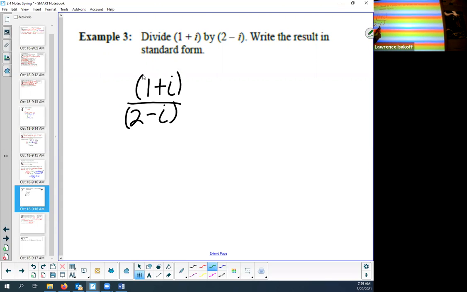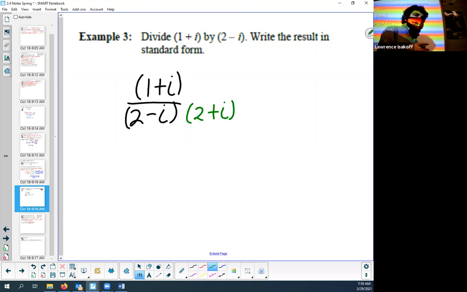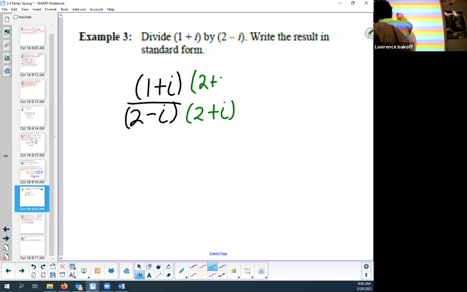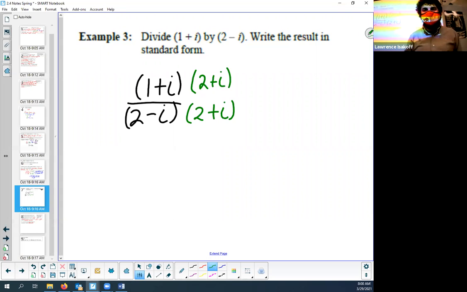This has a minus, so I change it to a plus: 2 plus i. 2 plus i is going to get us that difference of squares happening, so our i's will cancel out on the bottom. Whenever I multiply the denominator by something, I also multiply the numerator by it. Now it's just a matter of multiplying this all out.